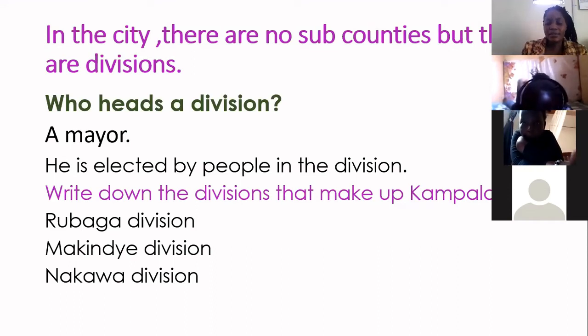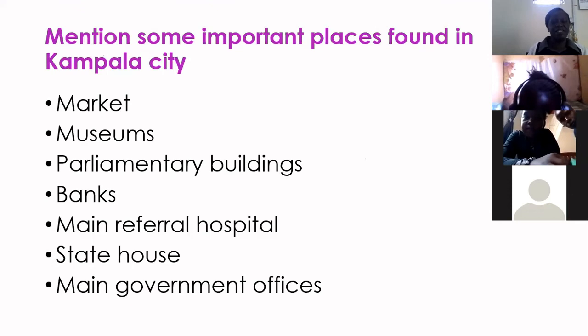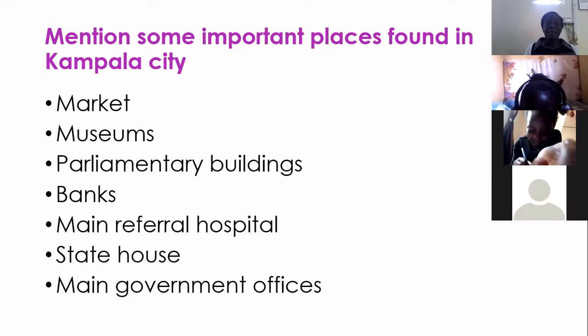So learners, let me hand you to teacher Olva. We are going to handle lesson 2, people, county or division, and we have gone as far as looking at our divisions which form Kampala capital city.